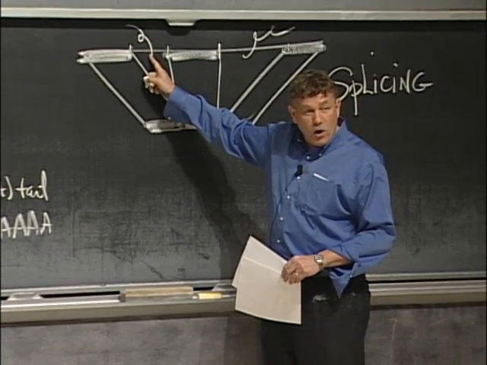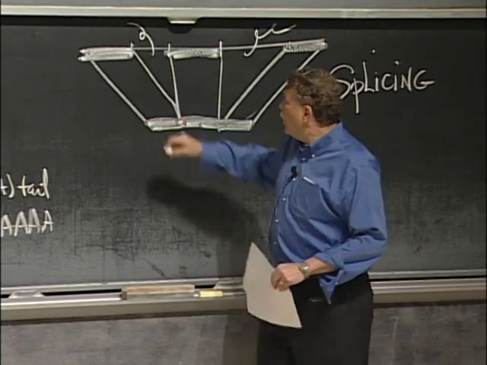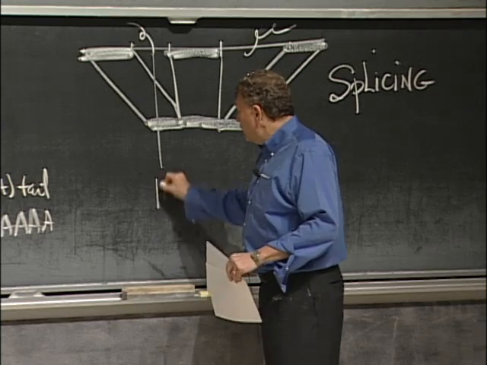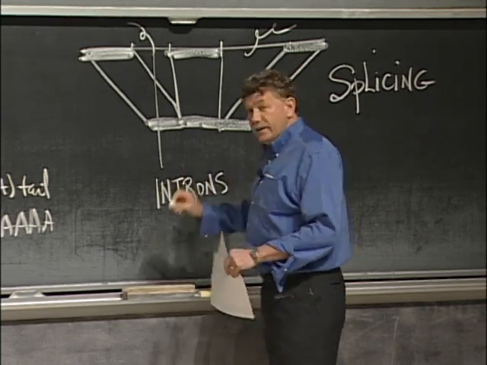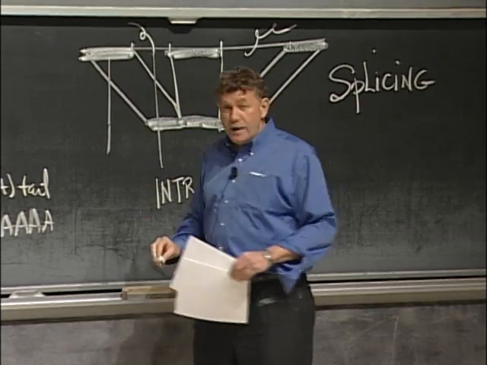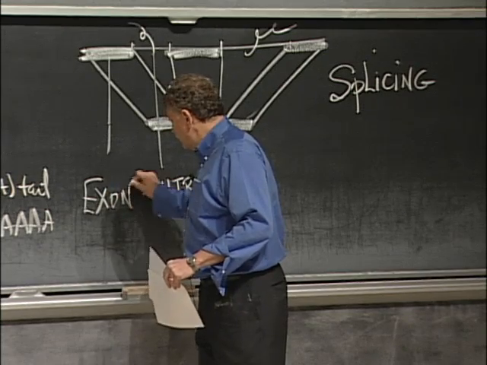The things that go out are called introns. The things that stay in and are not excised are called exons.